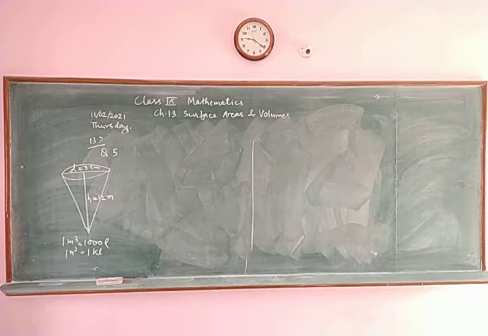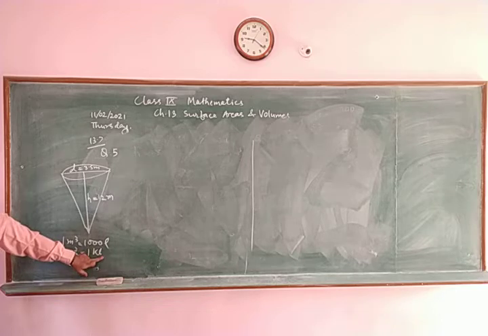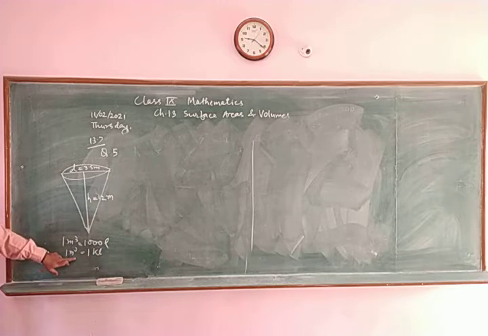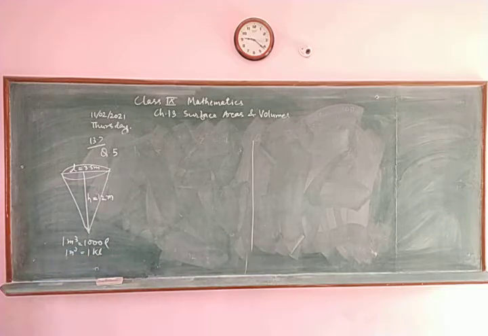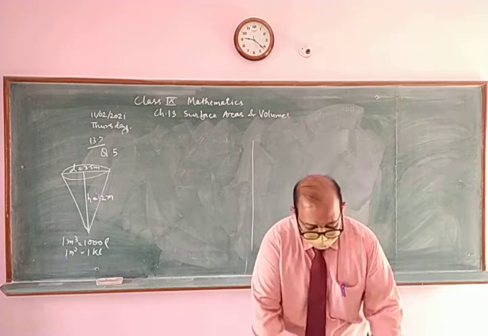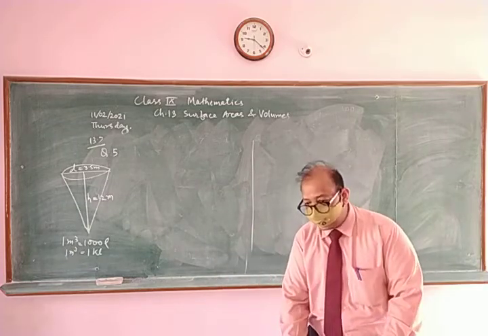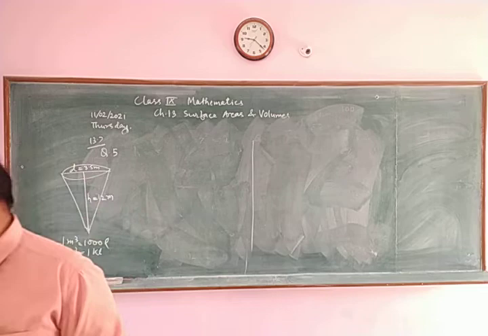Suppose the volume is 30 cubic meter, so its capacity will be 30 kiloliter. Clear? So whatever volume you get in cubic meter, it is automatically in kiloliter. There is no need to change the cubic meter into kiloliter. No multiplication, nothing. Only in place of cubic meter, you have to write kiloliter.